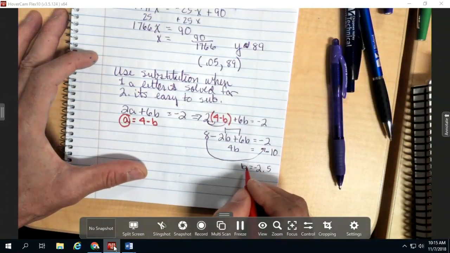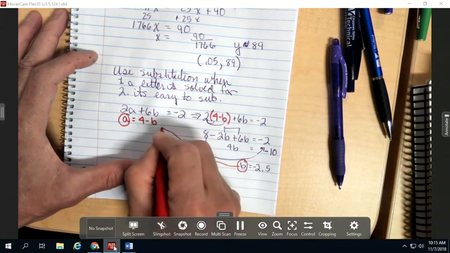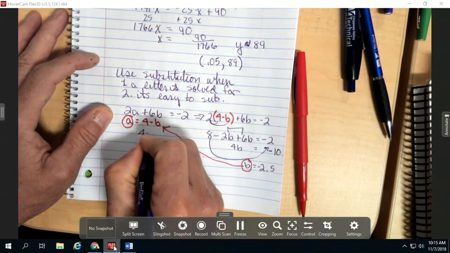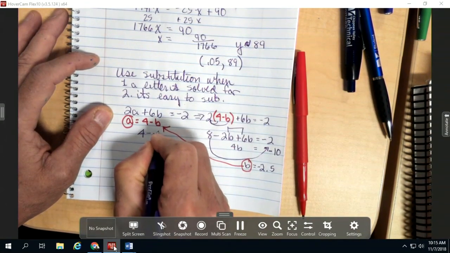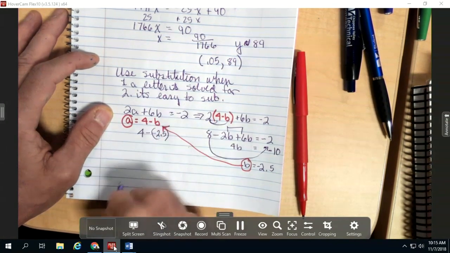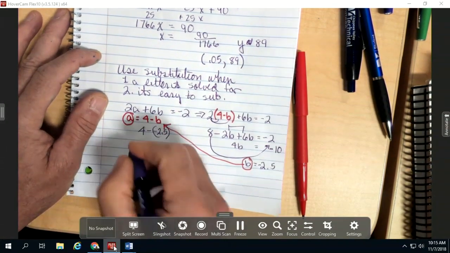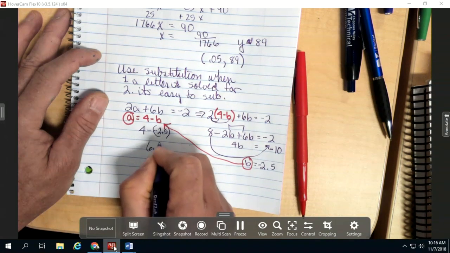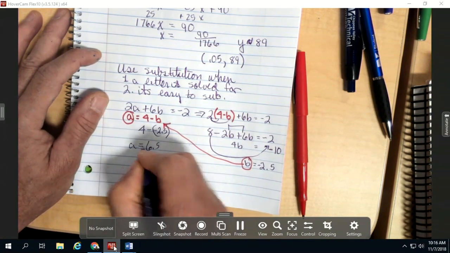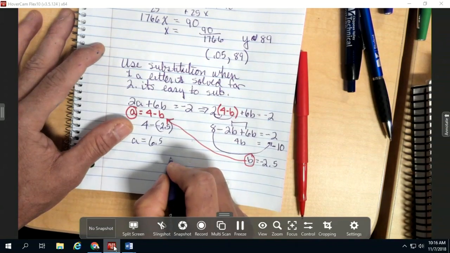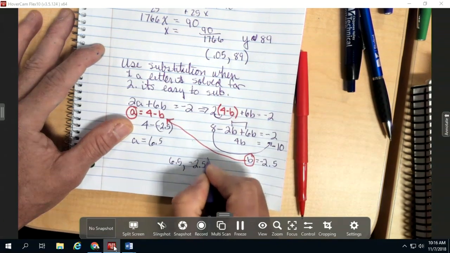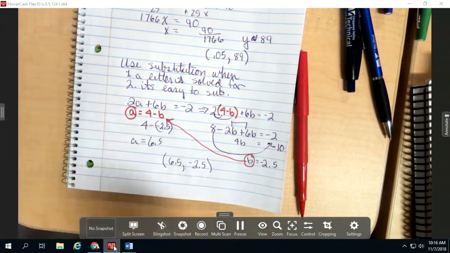Then substitute that back into the other equation. 4 minus negative 2.5 is what? 6.5. So a is 6.5. So our answer is 6.5, comma, negative 2.5 in parentheses.